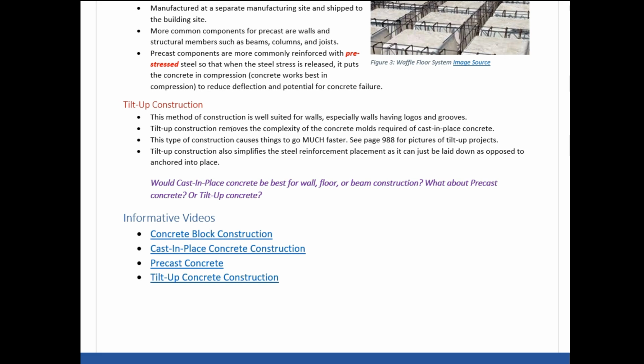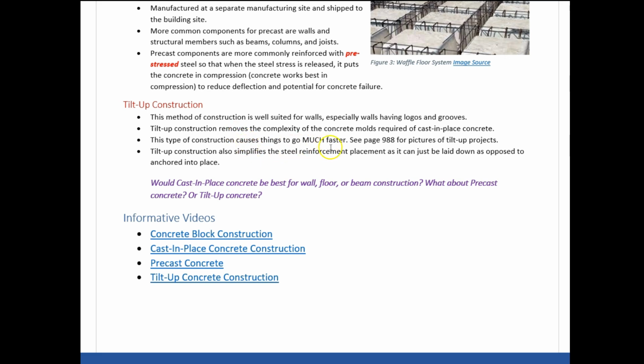Tilt-up construction brings all of the concrete molds down to the floor. So the mold construction process is so much simpler. The reinforcement placement process is so much simpler. You just put it all on the floor in the way that you want it, and then you pour the concrete, and then you bring in cranes to raise up the concrete walls when they are cured, when the concrete has set.